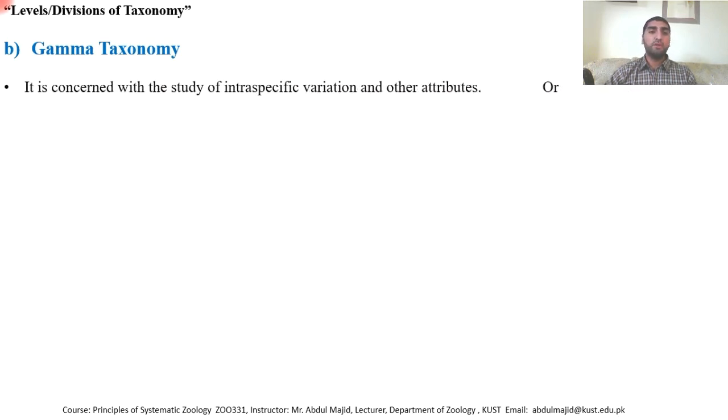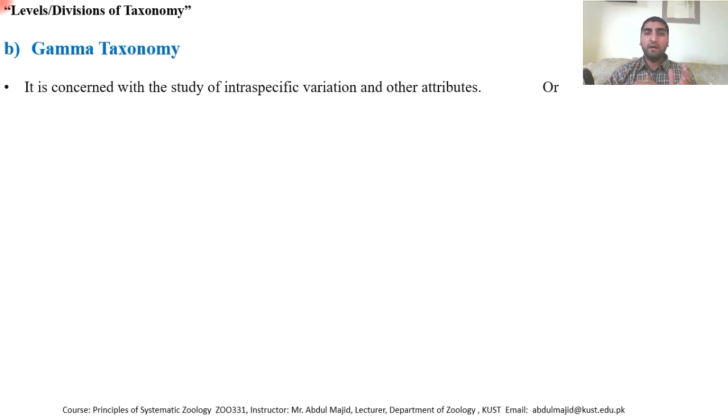Then there is the second phase, the gamma phase or gamma taxonomy. Gamma taxonomy is concerned with the study of intraspecific variations and other attributes. I mean, when you go inside species.